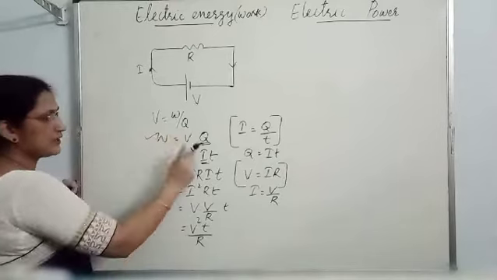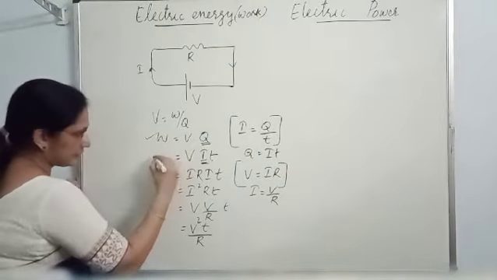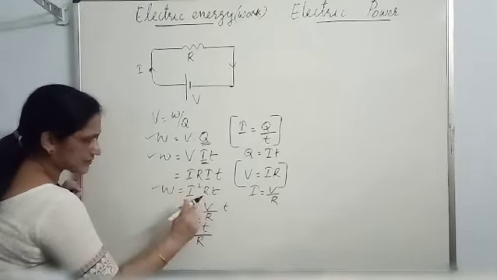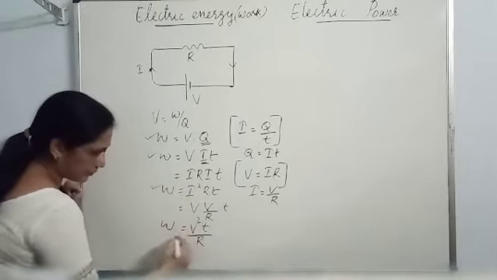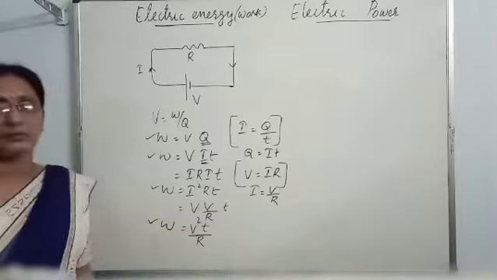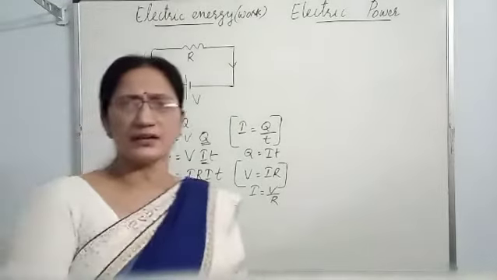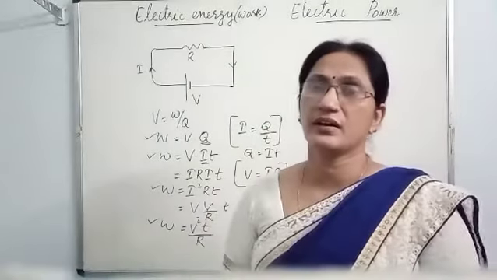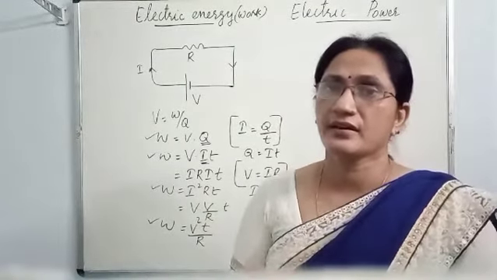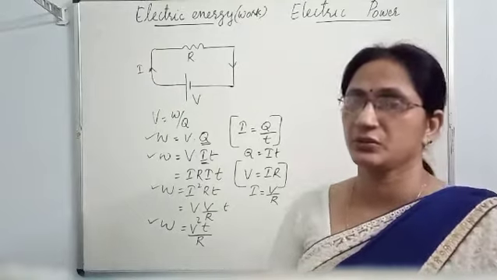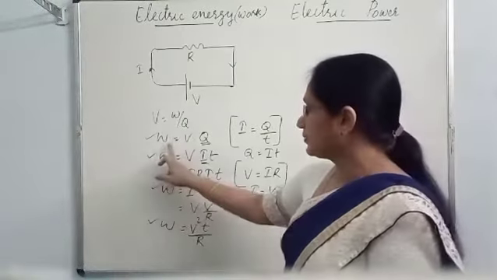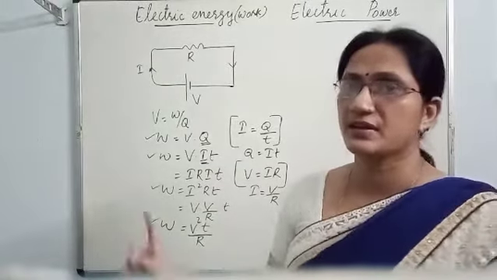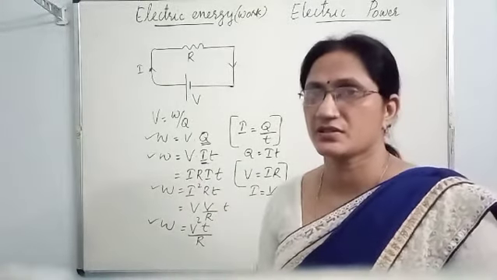One is V into Q, another work is VIT, another formula work is I square RT, another formula work is V square T by R. These are the four equations you can use to find out electric work done in a circuit or electric energy spent in a circuit. Remember these four formulas, and you have many numericals based on these equations.